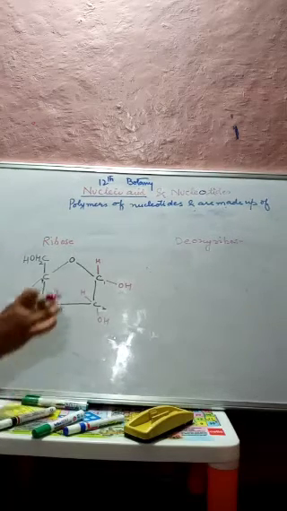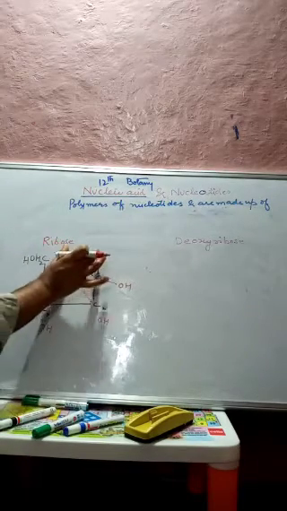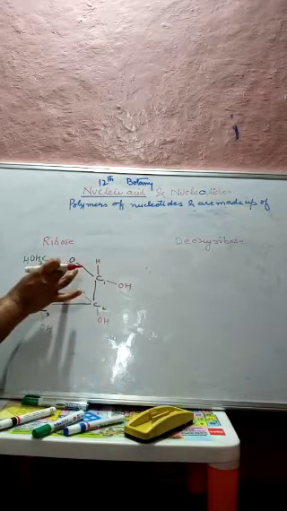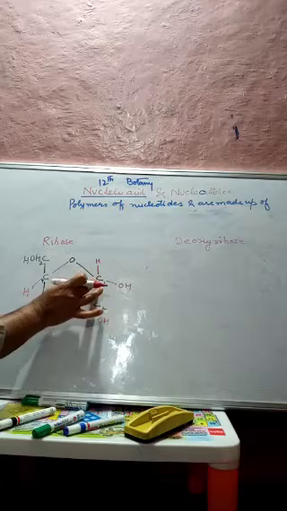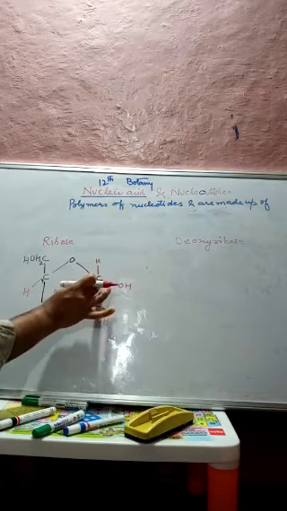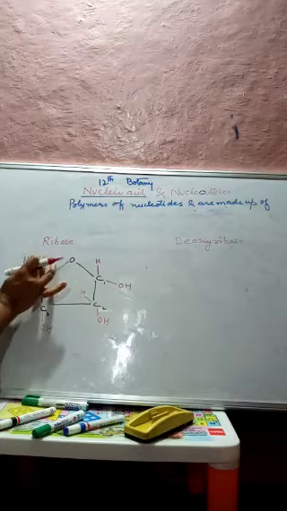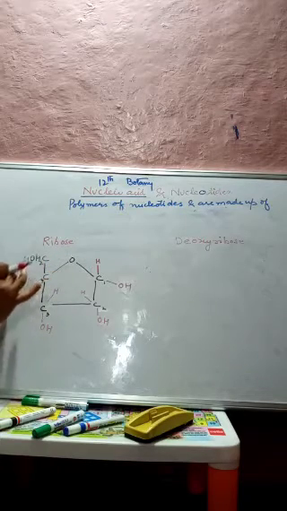Now in ribose sugar, the structure is like this. It has these five carbons, and this is oxygen. Going by numbering, carbon first, second, third and fourth, and the last one is CH2OH.